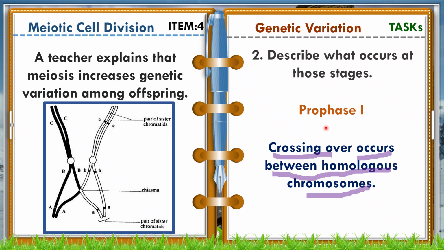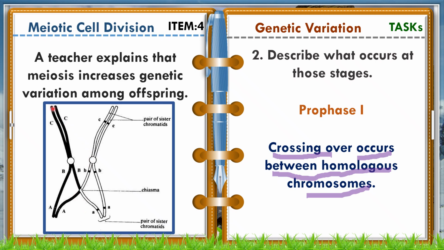A homologous chromosome pair is where one chromosome comes from the paternal and another chromosome comes from the maternal, but they are responsible for the same characteristics in that organism. So they come and align themselves like what we are seeing here.